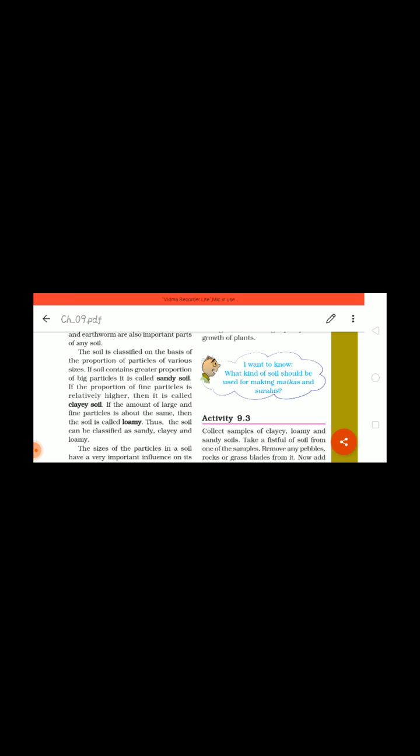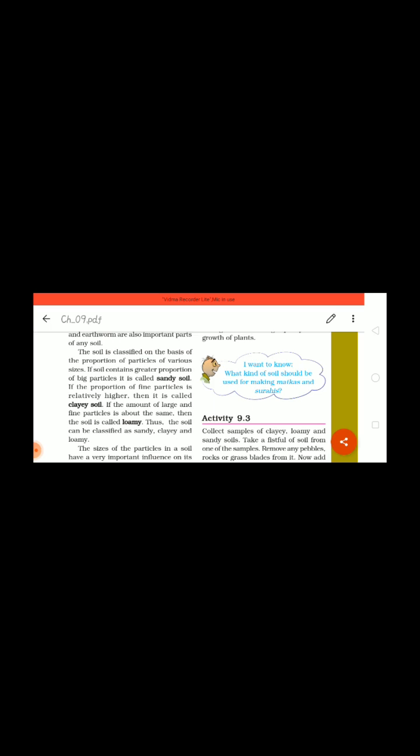So clear? Then how can we identify loamy? Loamy is a combination of sandy and clayey soil. Children, listen properly. If the amount of large and fine particles are about the same, then that soil is called loamy soil.